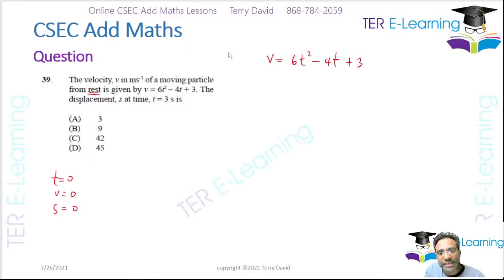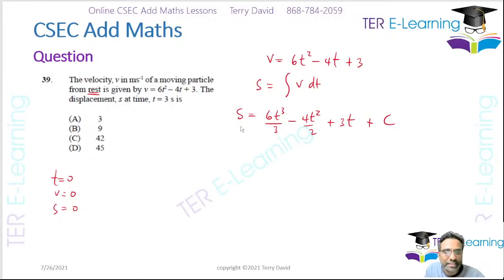So displacement is equal to the integral of my velocity. So I need to integrate that velocity. Therefore s is going to be equal to 6t cubed over 3 minus 4t squared over 2 plus 3t plus a constant c.